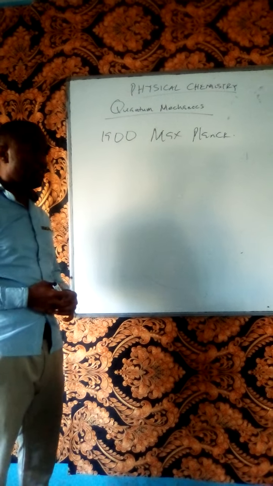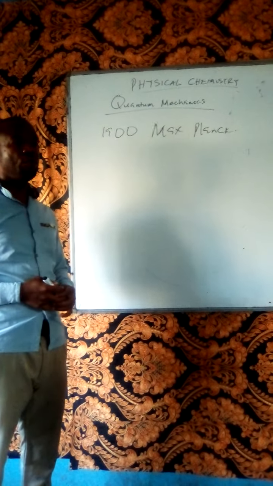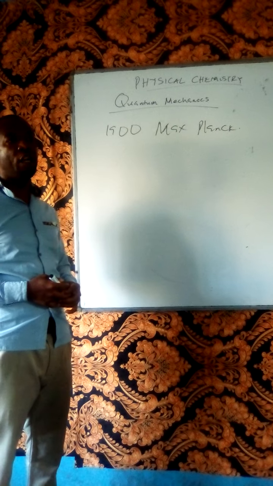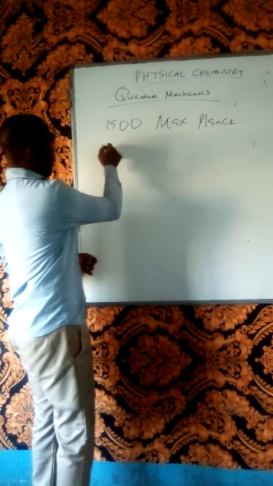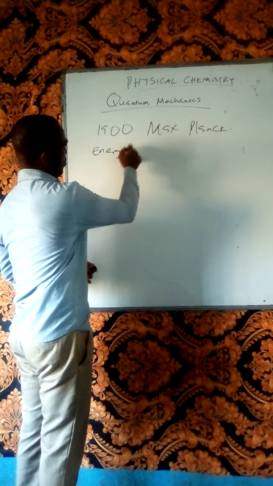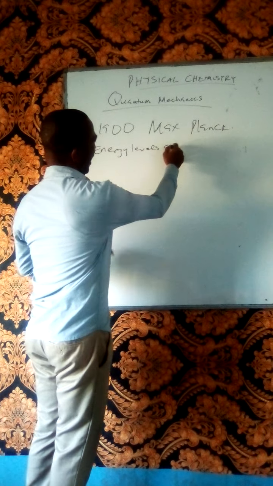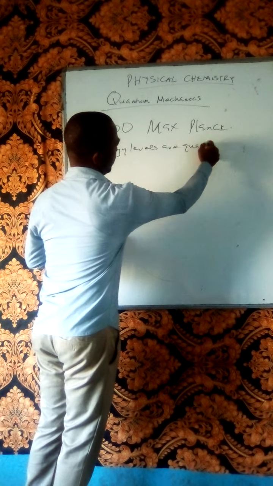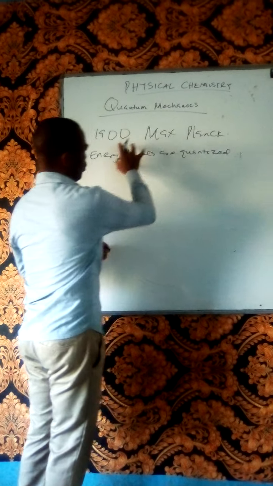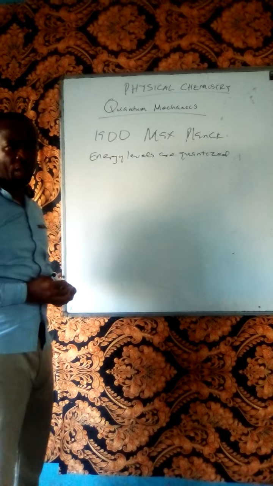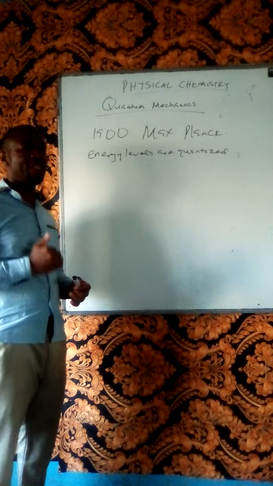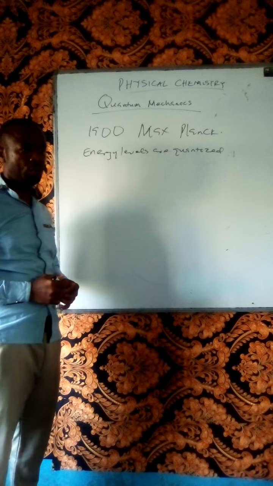He said that the energy levels or shells in an atom are quantized. And that name for energy level is shells, meaning that each shell has a discrete amount of energy.